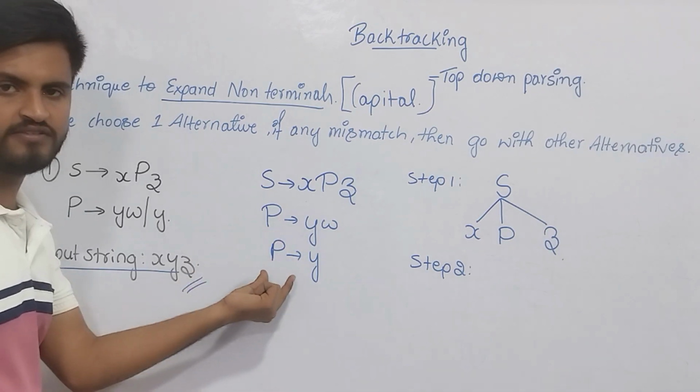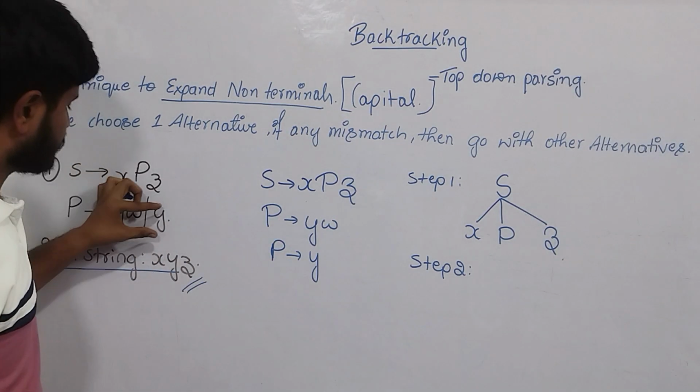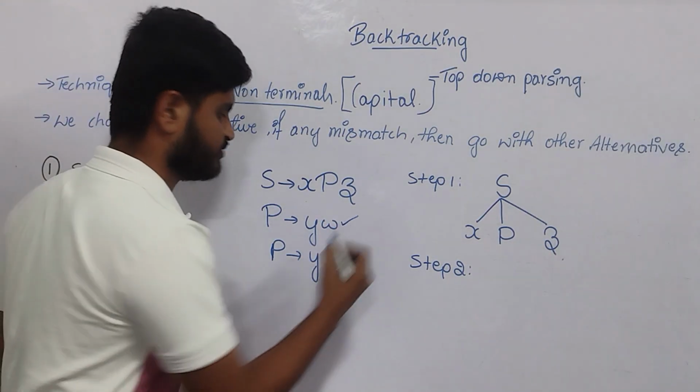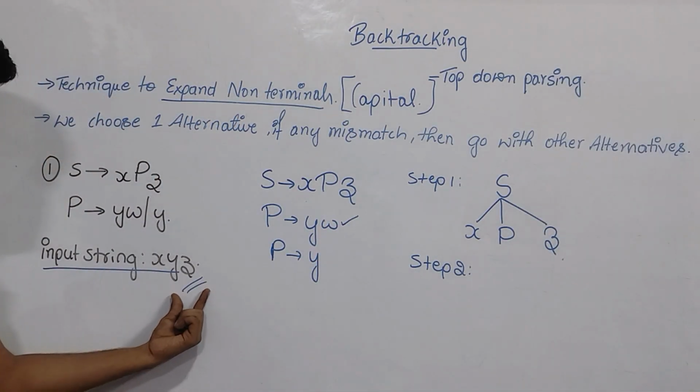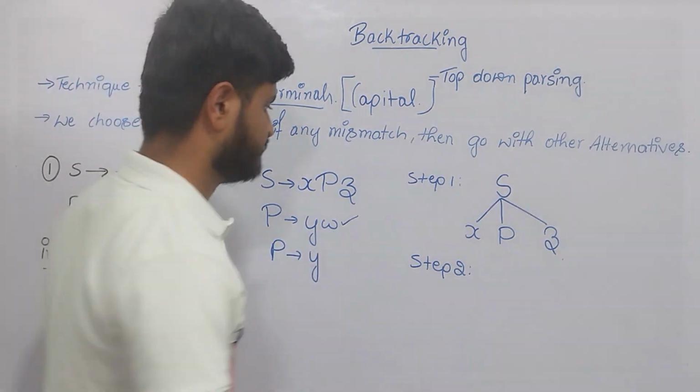Since the left hand side is same, they have written it in a single line itself by separating the two productions using the slash or the bar. Now let's take this first production. If we do not get the final answer as x, y and z that we needed as the input string, then let's go to the other possible production.